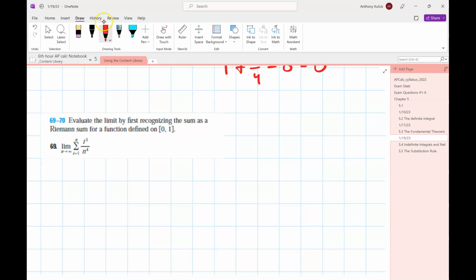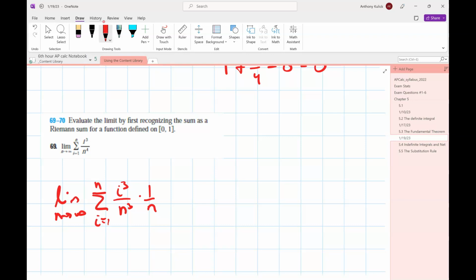So what I would do is start by writing this as that, where instead of n to the 4th on the bottom, I've written it as n cubed on the bottom times 1 over n.